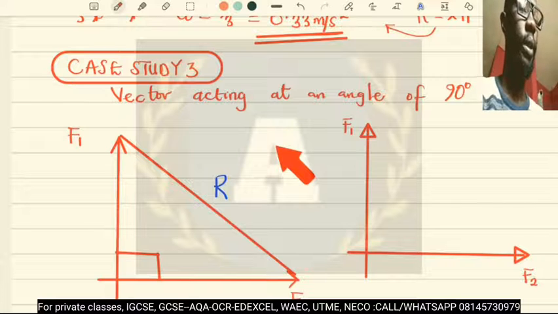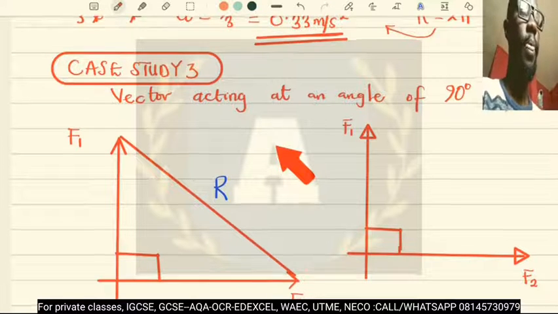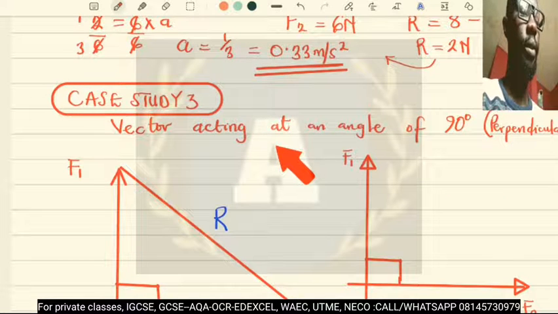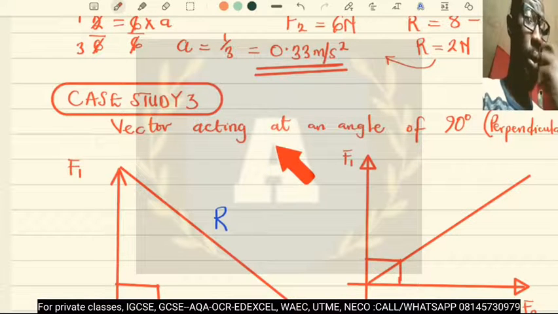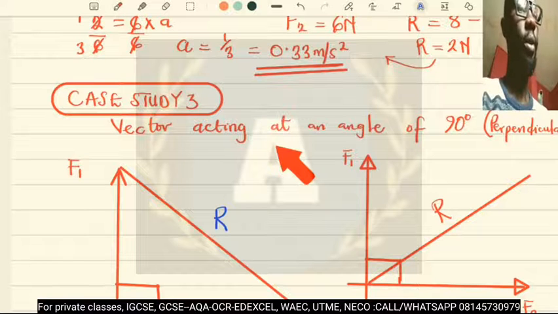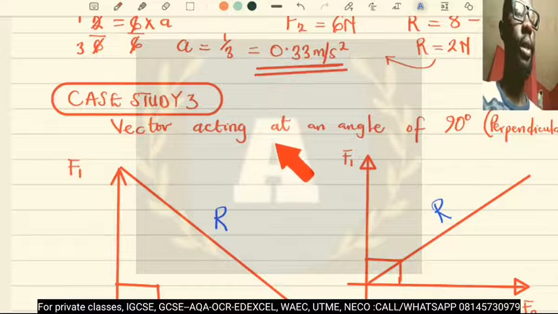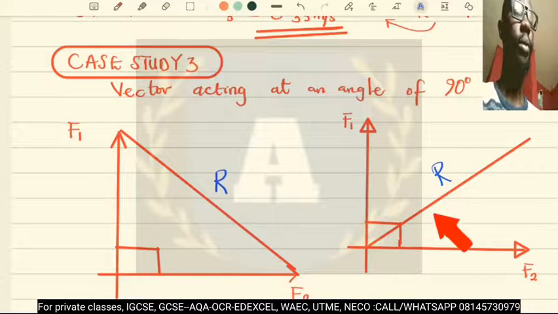Now the angle between the two is 90 degrees. So you can draw your resultant from here. The resultant can be taken in that way. So now this is also your resultant. So it's either you go by this diagram or you go by the first diagram to get your resultant R.